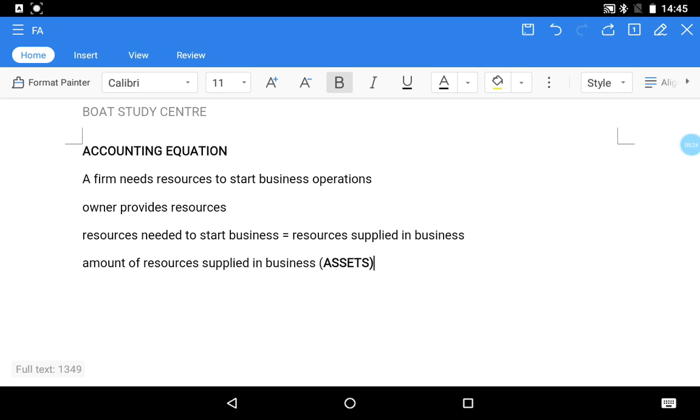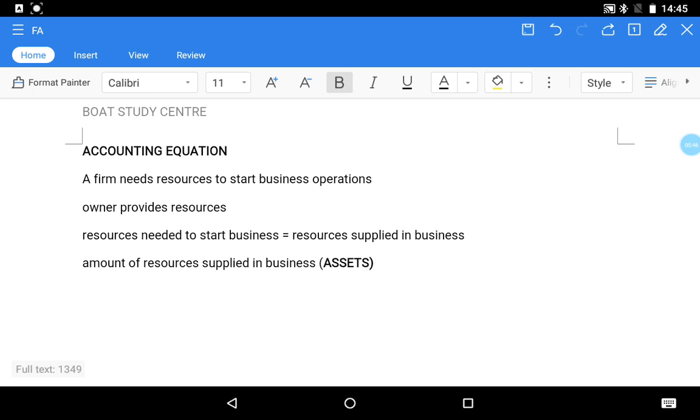That's why when you reach a business, especially auditors, they'll be asking which current assets do you have, which non-current assets do you have. For you they are resources in the business, but in business terms they are called assets.